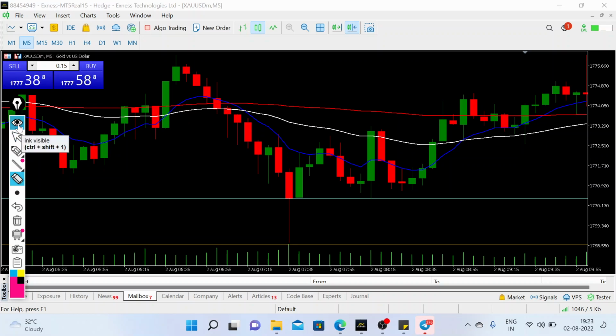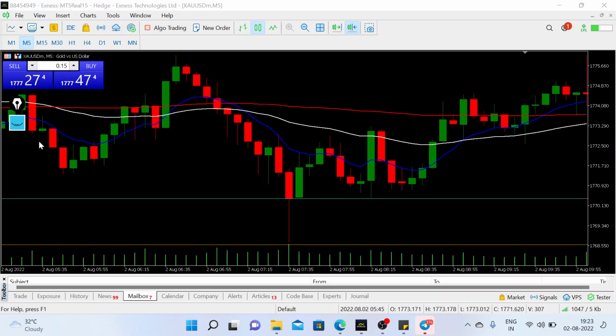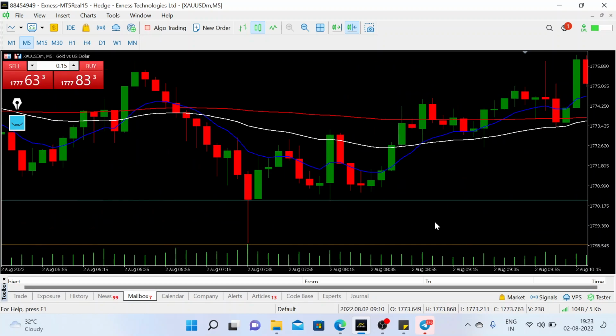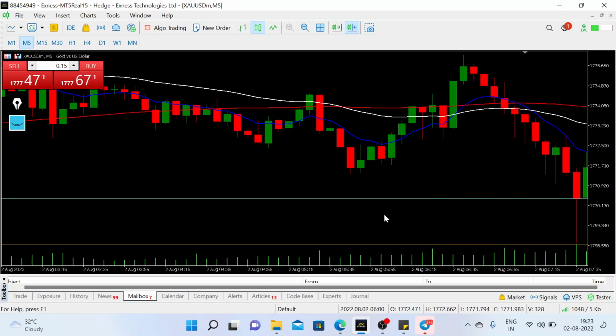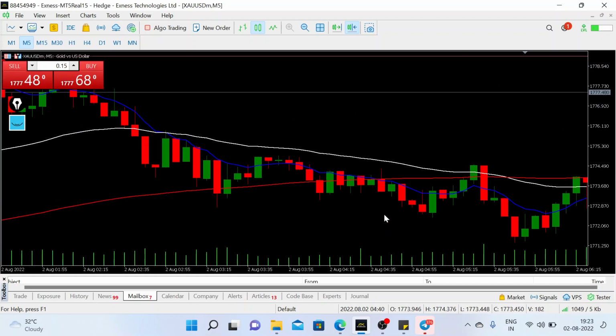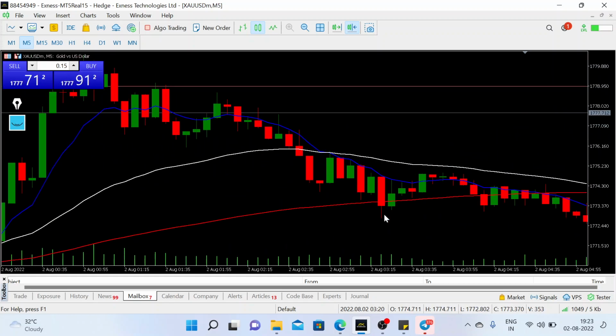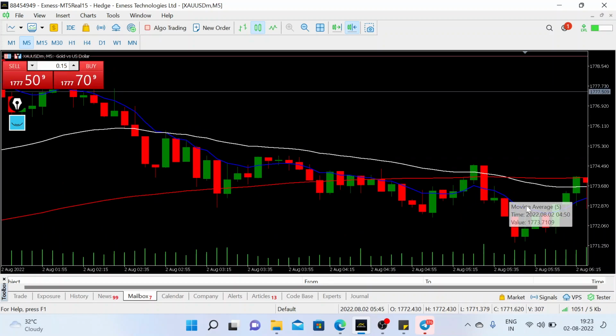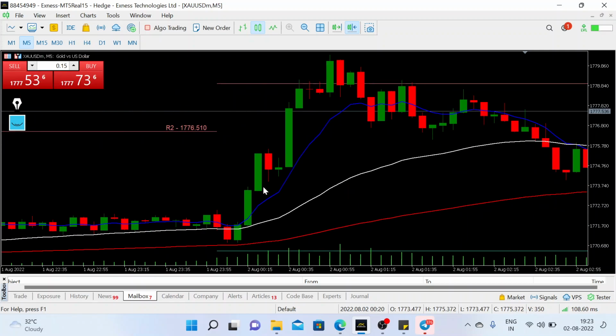So let me give you another example. Let me check what is actually happening here. So another example here, the 5 period crossing here. This one. This is also a sell signal, and we already discussed that.